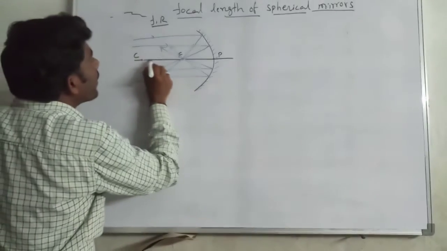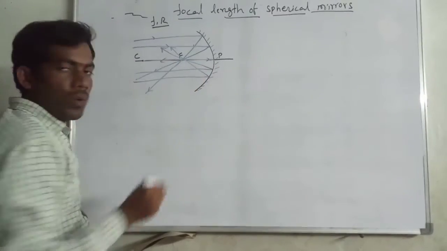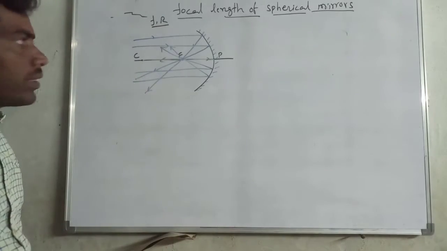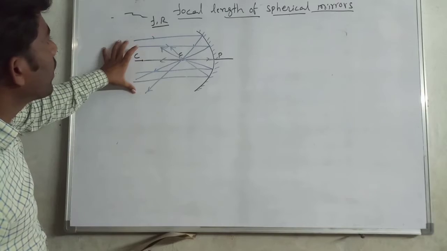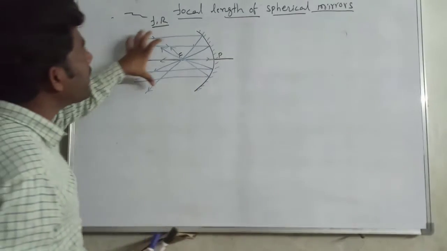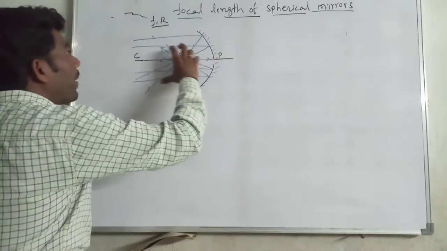Okay, then this ray also, after incidence, retraces its path. See, this figure shows a beam of light incident on the concave mirror and then reflected.